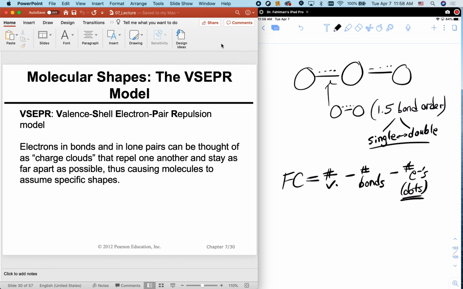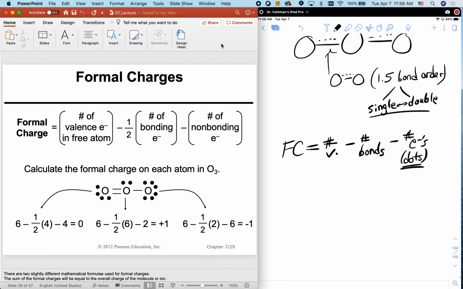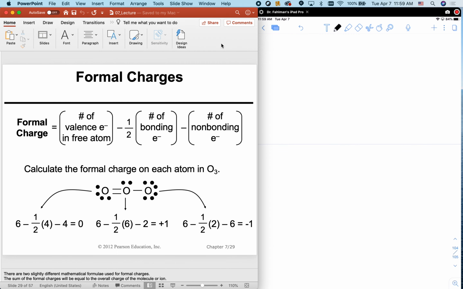All right, so when we get back to regular lectures, we'll talk about shapes of molecules. I just want to take a few more minutes and look at some different examples for Lewis structures. And so here's one. What about this? So nitrous oxide.